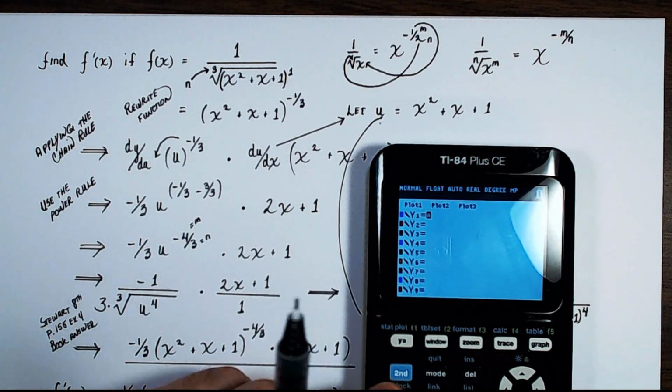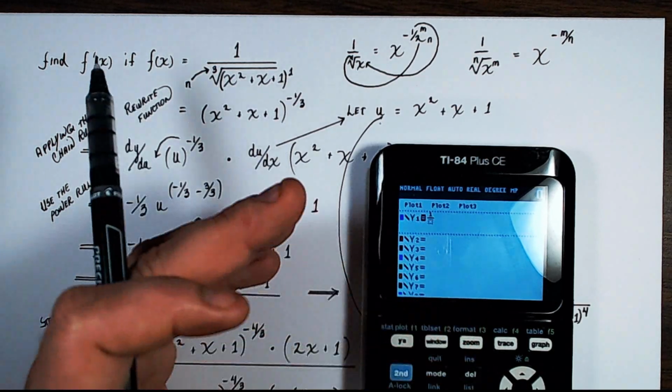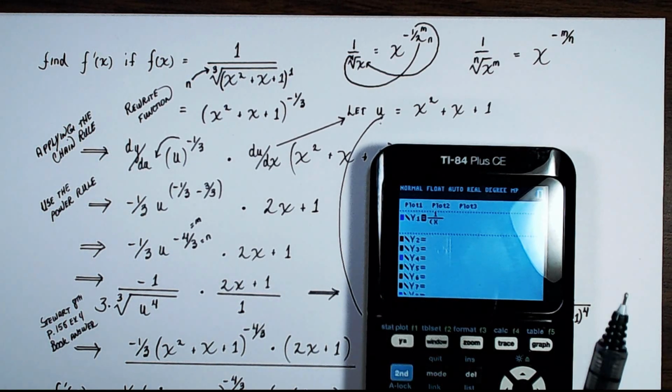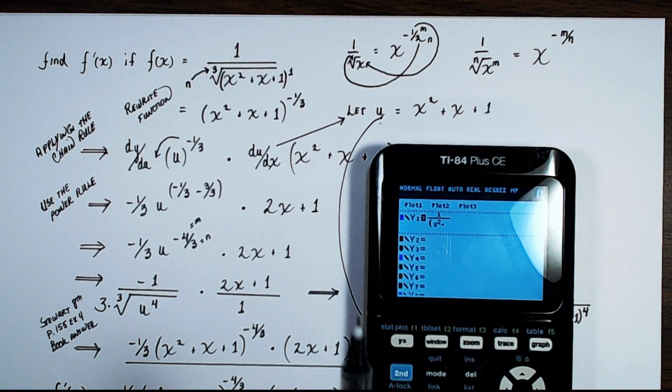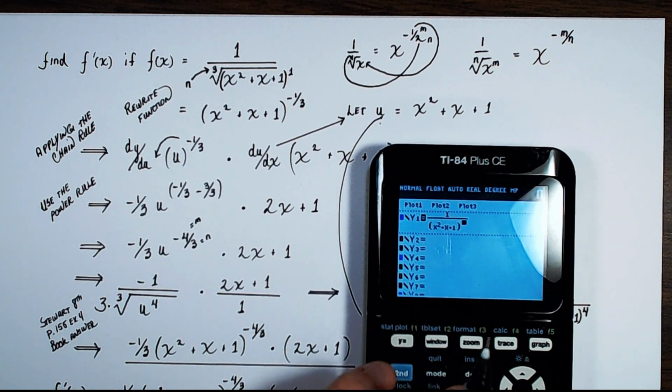You can use alpha y equals and put 1 on top, and just put what you see. Open paren x squared plus x plus 1, close paren, raised to the 1/3 power.